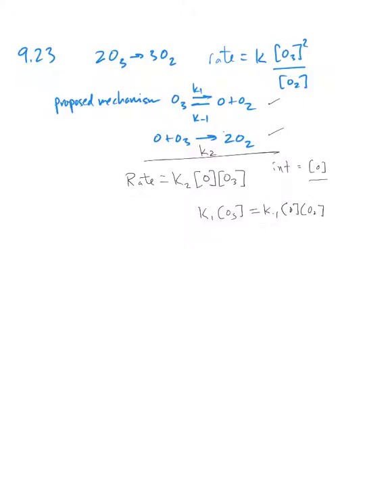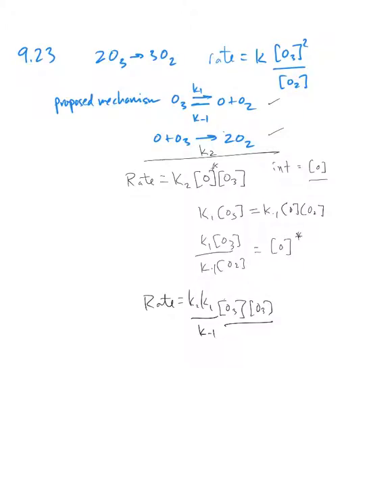We have this equality, and if I rearrange it to solve for the intermediate, we have oxygen atom right there, and when I substitute that back into the overall rate equation, I get a mess of rate constants, the technical term, times ozone to the second power in the numerator, and then I have oxygen downstairs here.